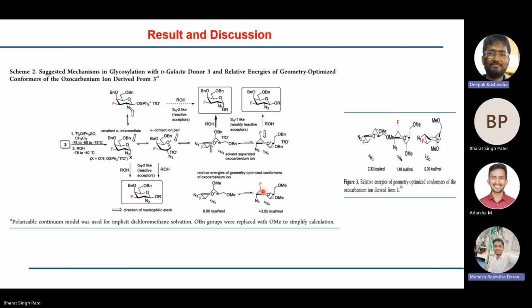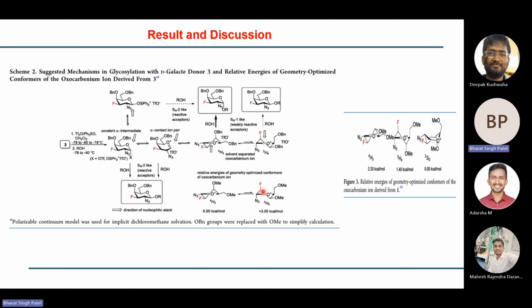By the way, we have seen, Devabhai, that in the case of all the donors, this half chair is the more stable intermediate. Then based on the acceptor nucleophilicity, they are getting a change in the selectivity.